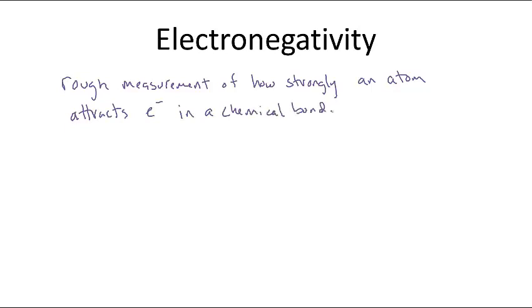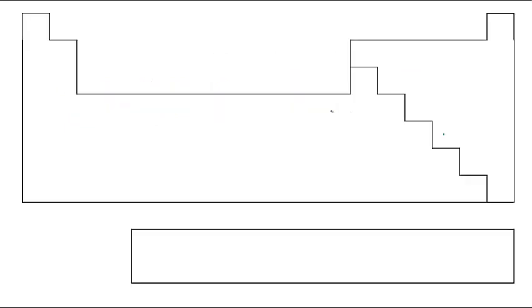And it goes a long way to describing the properties of metals and nonmetals. You can actually look on your periodic table and see that you have numbers corresponding to electronegativity values. So if this is your periodic table, your weakest attraction is down in the bottom left, and your strongest attraction is on the top right.